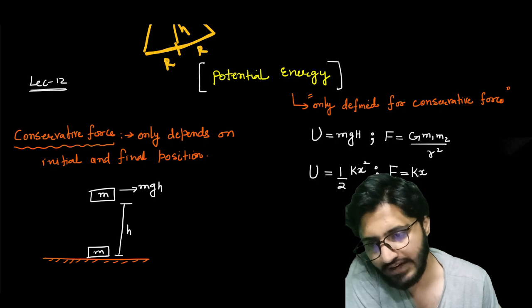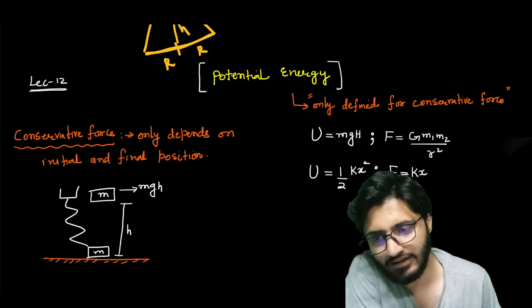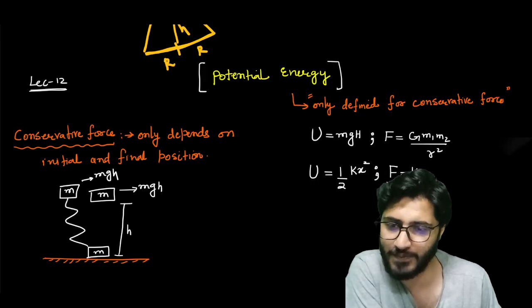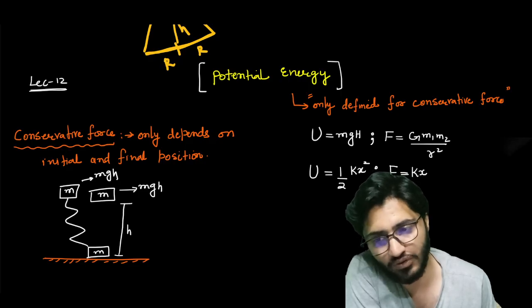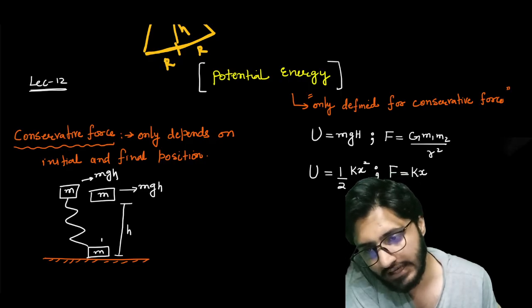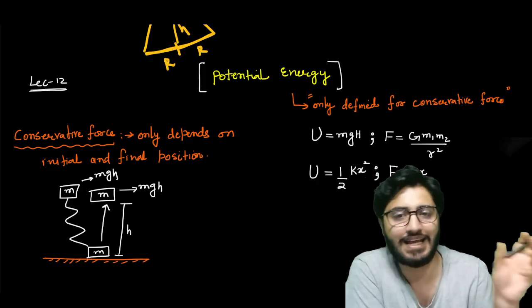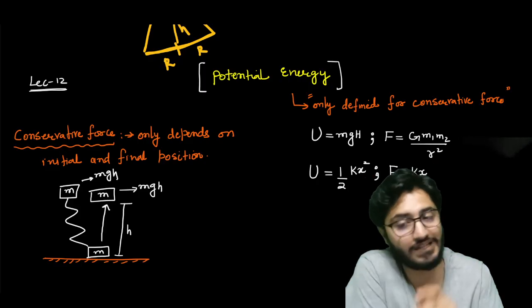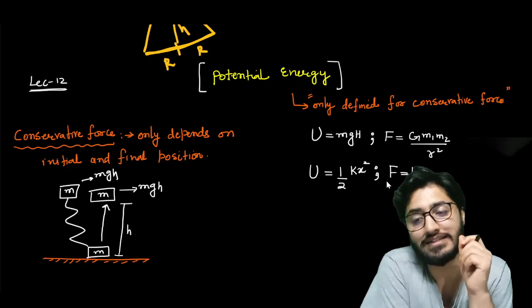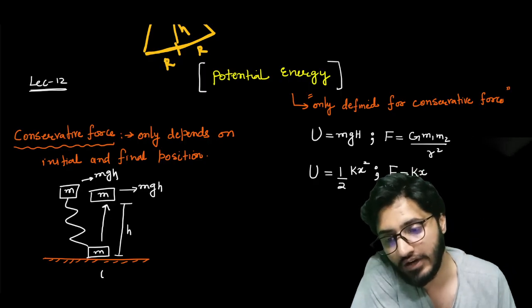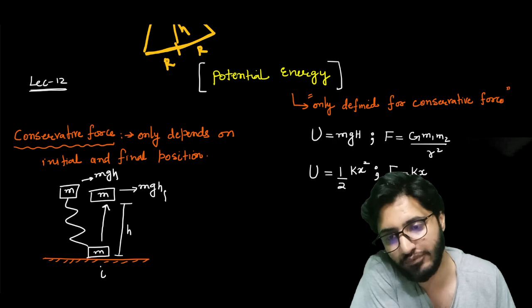Okay, now if I take this box in this way, so what is the potential energy of the box? Sir, still it is mgh. So by this particular example, look, firstly I take this box straight, but in the second example I take it in a zigzag way. But in both scenarios, my answer is the same. So it simply indicates it only depends on the initial position and the final position.